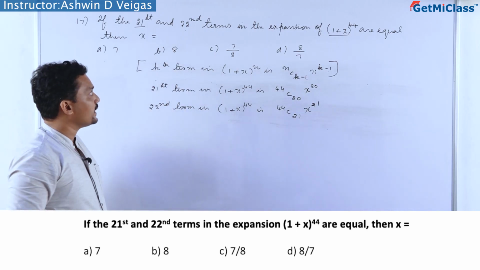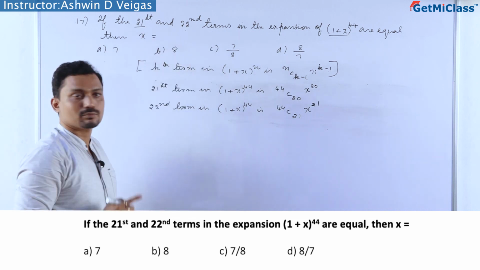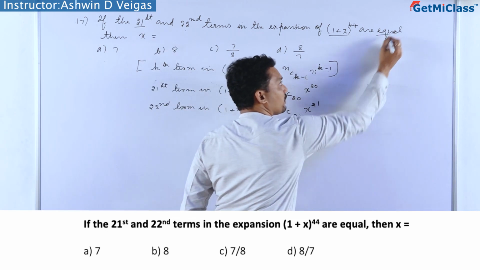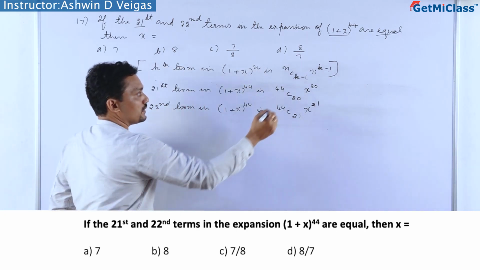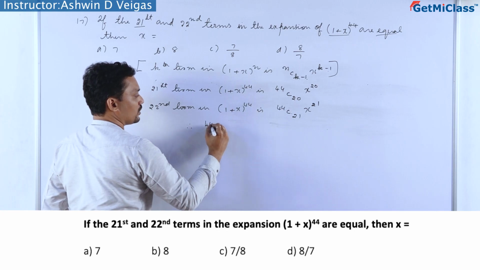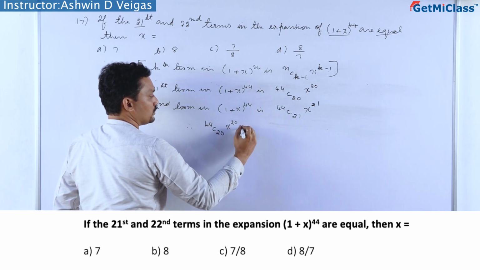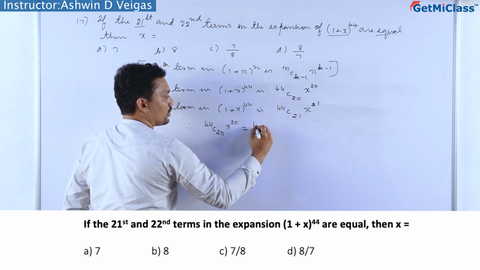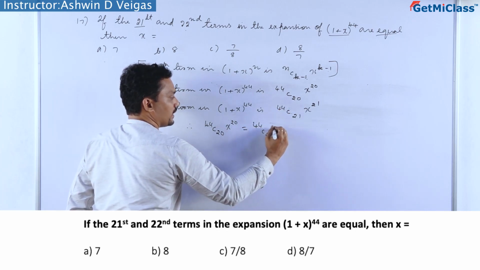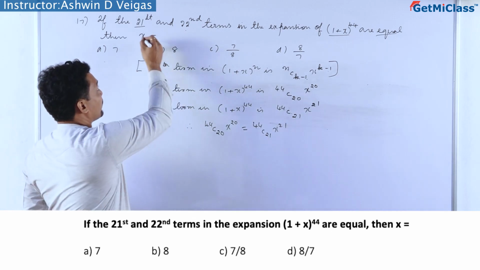But according to the data, the 21st and 22nd terms in this expansion are equal. So that means this term should be equal to this term. Therefore 44C20 x^20 should be equal to 44C21 x^21.